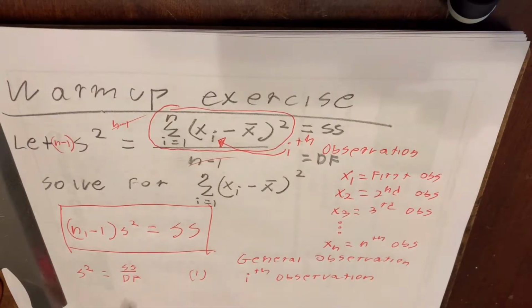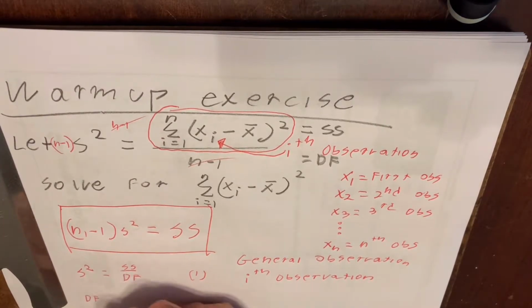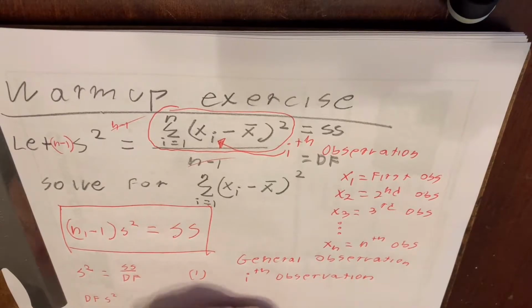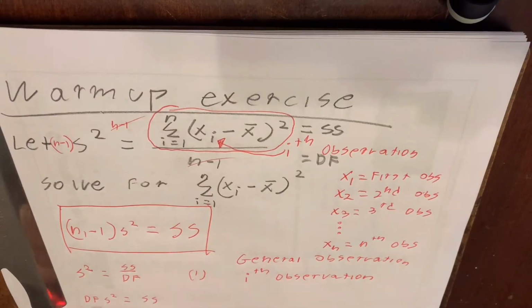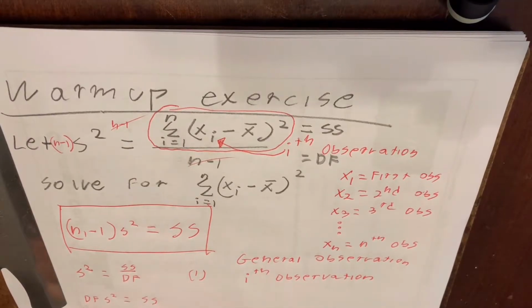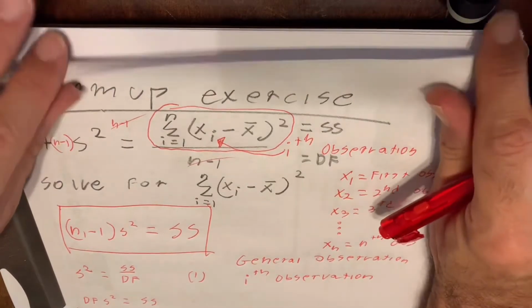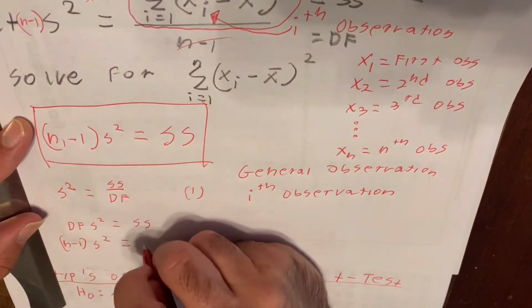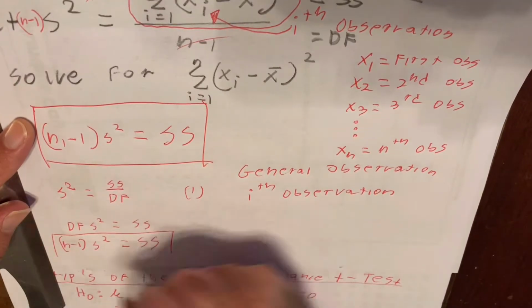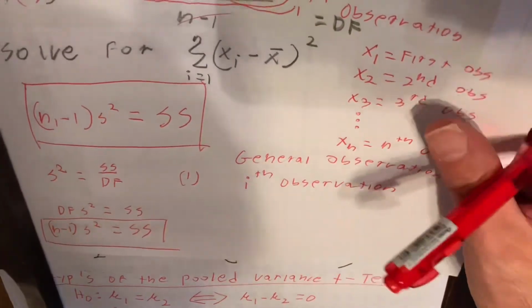And the second thing you have to know is if we multiply both sides by the degrees of freedom, they will cancel, and we have the degrees of freedom times the sample variance is equal to the sum of squares. And the degrees of freedom is n minus 1. So we have n minus 1 times s squared equals the sum of squares. Super important. Don't go on in this video until you know this. Okay.